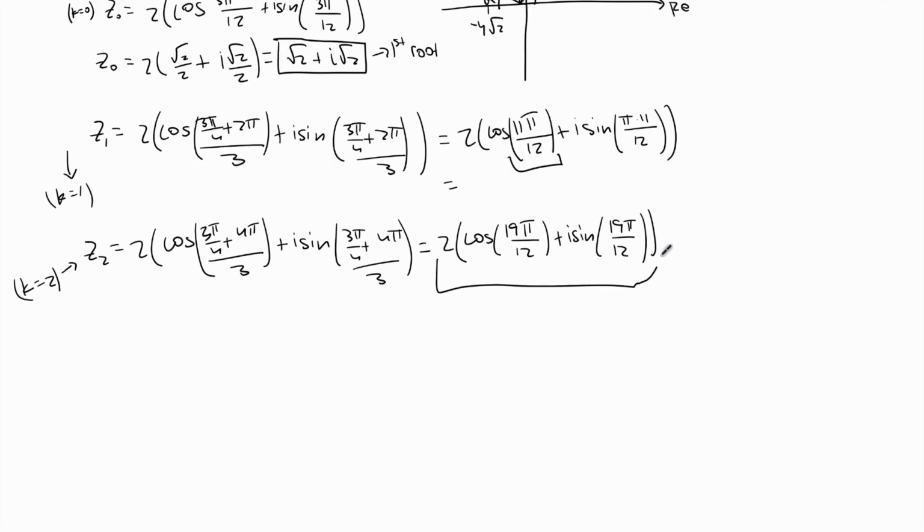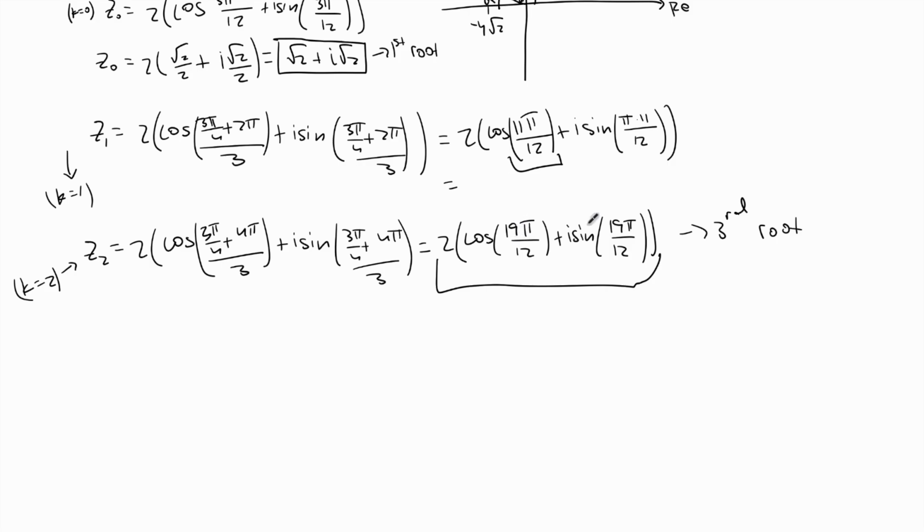And here we have it, guys. This is our last and third root, where k was equal to 2, and we express this in polar form again, because yet again, expressing this in the regular form without a calculator will be quite impossible, as you can't evaluate these without a calculator.